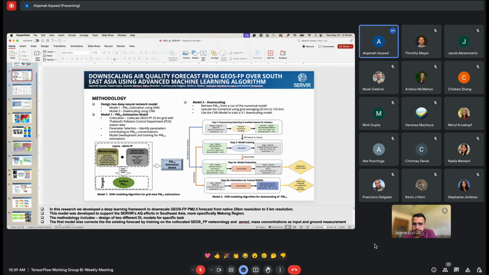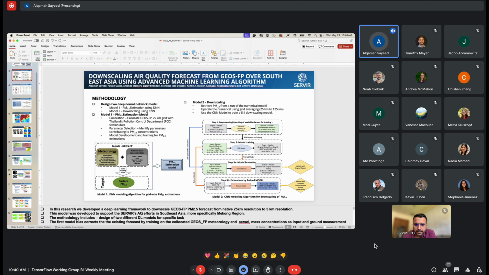Now we have a 5:1 upscaling. So once we have this pair of data set where we have 125 kilometer as input to the model and 25 kilometer as the output of the model, we train a CNN model.